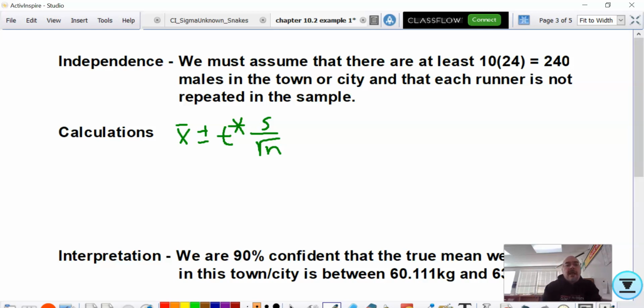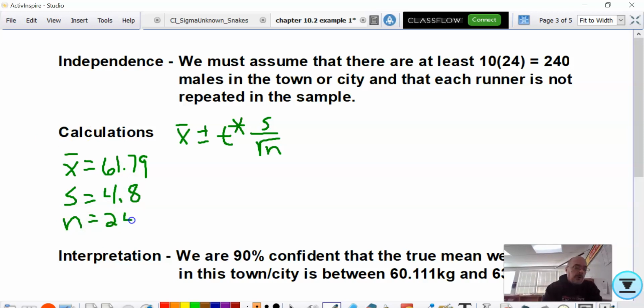We found that x bar is 61.79. We found s to be 4.8. Our sample size is 24, and now our t star.